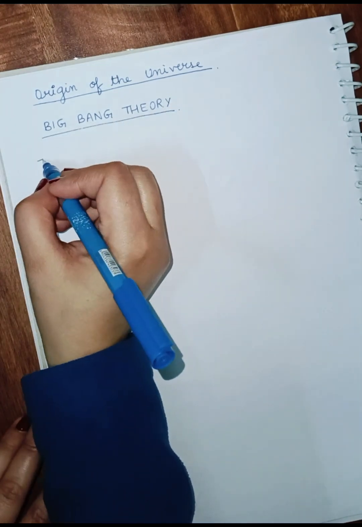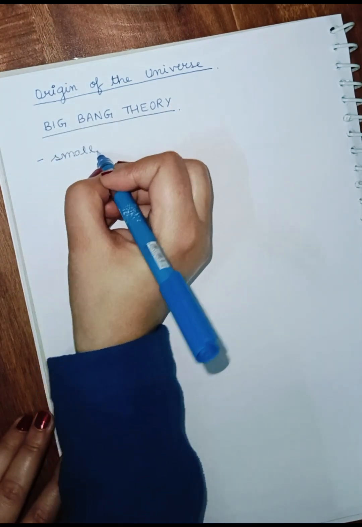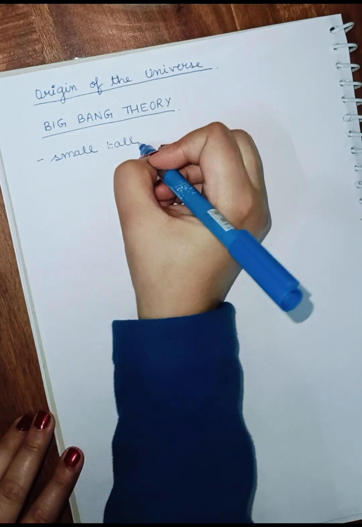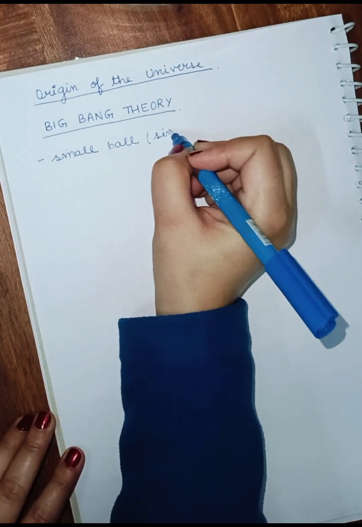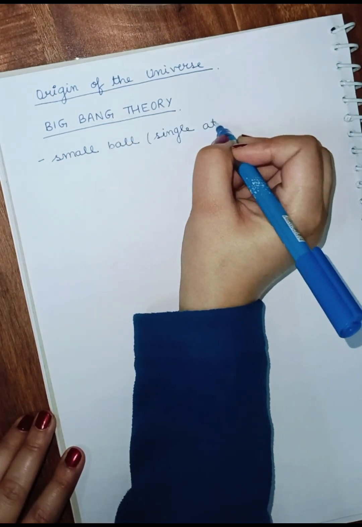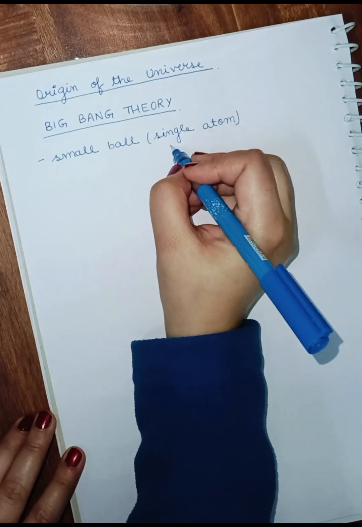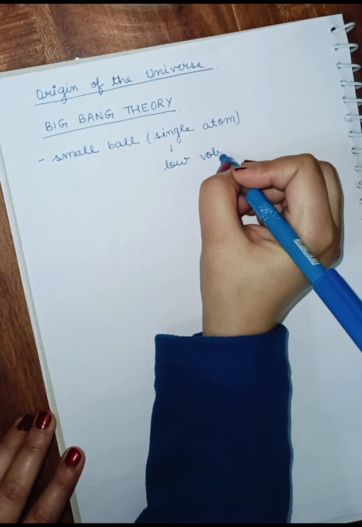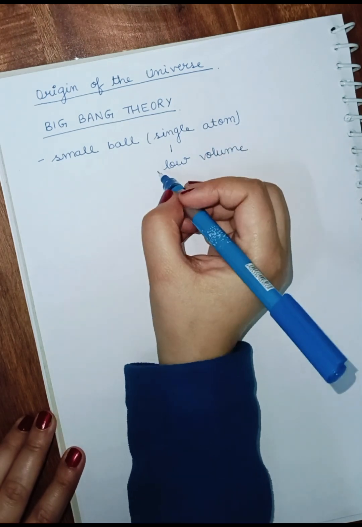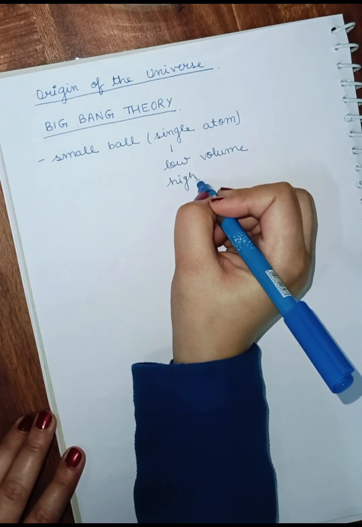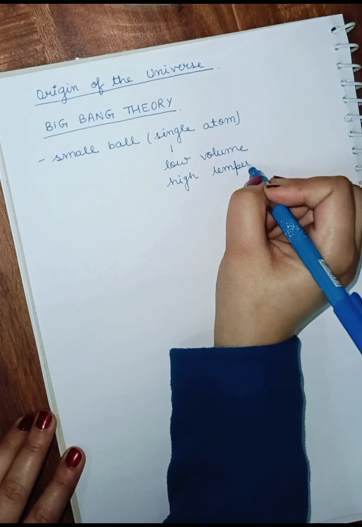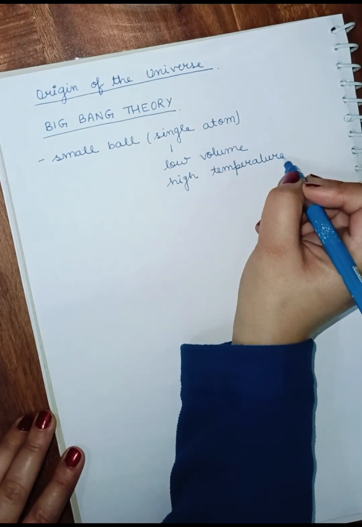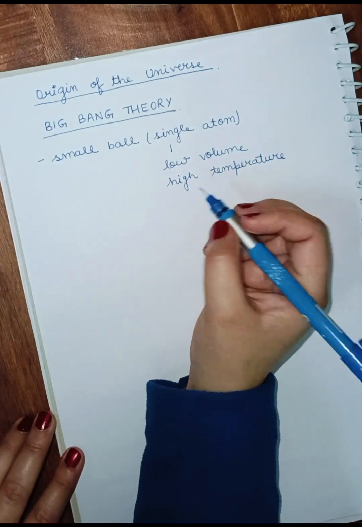In the Big Bang Theory, there is a small ball, or we can say a single atom. Initially, it has a very low volume but high temperature and high density.